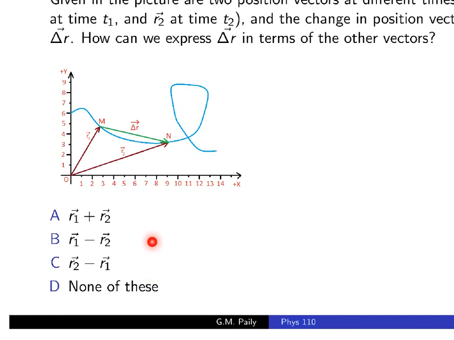Which of these combinations has the same effect as delta r, taking you from M to N? Remember that all that matters is where you start and where you end. Where you go in between doesn't really matter. So look for the combination that starts at M and ends at N.